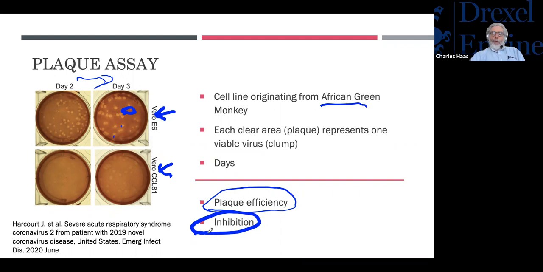So we need to test for that, perhaps by repeating the assay at different dilutions, or with the use of other material to reduce inhibition. Plaque assays are often considered the gold standard, but they require special facilities, special equipment, and well-trained technicians.